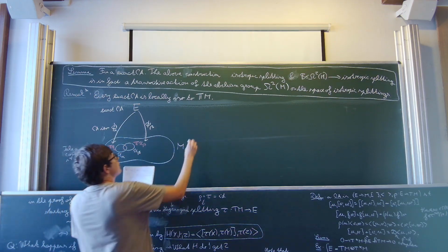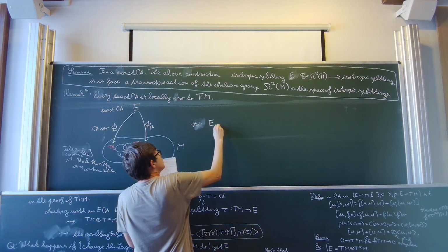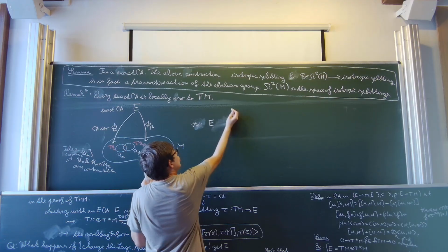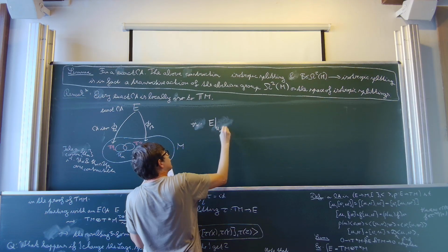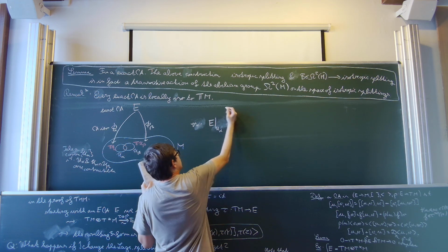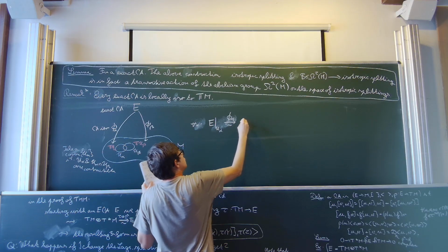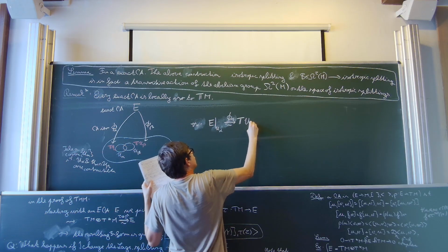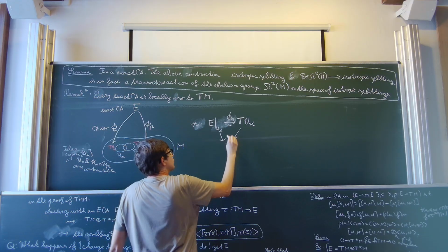So for each alpha, I have an isomorphism, E restricted to there, phi alpha. It's an isomorphism between this guy and this guy, and they are both Courant algebroids over U alpha.